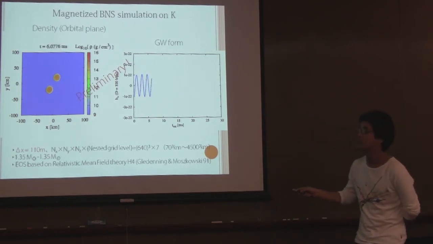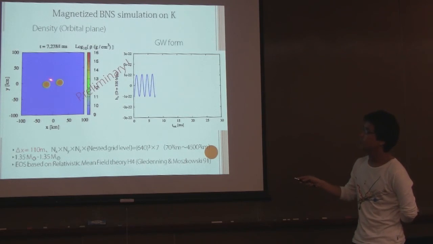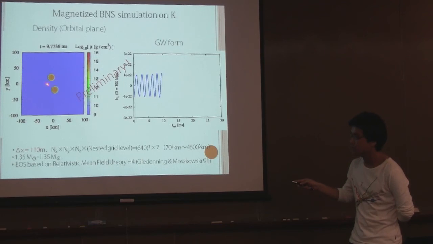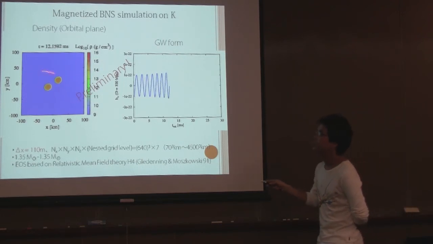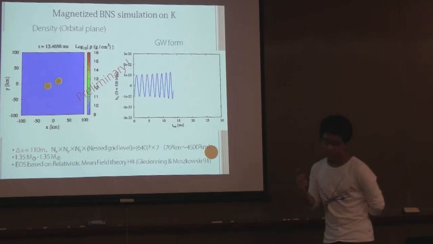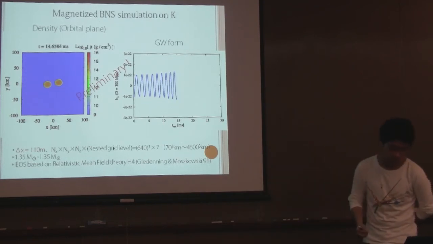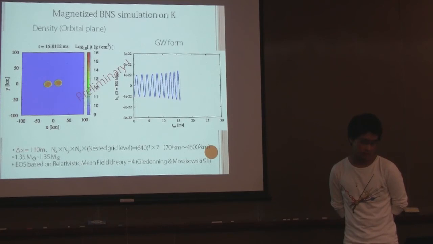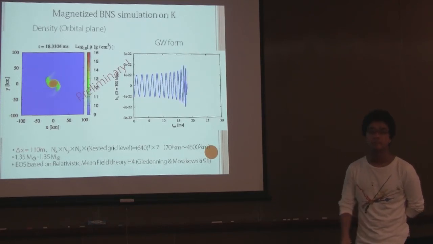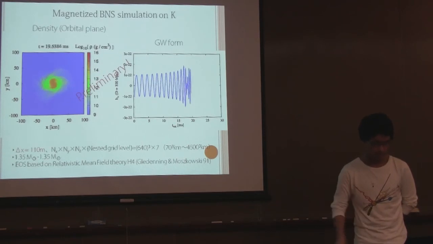But once this hypermassive neutron star collapses to a black hole and the accretion disk is formed, the condition to resolve the MRI becomes easy. Yeah, sure, I agree on that. I think I misunderstood what you wanted to do. Okay, thanks.